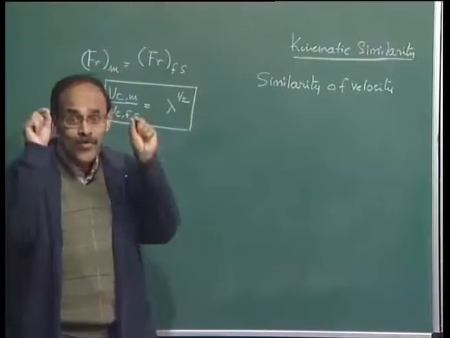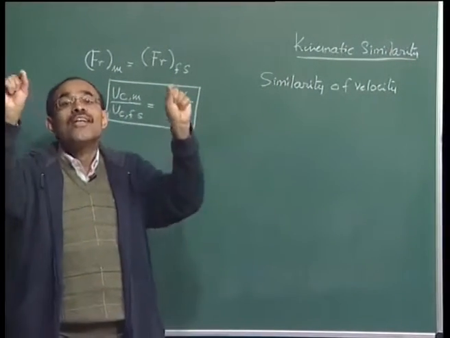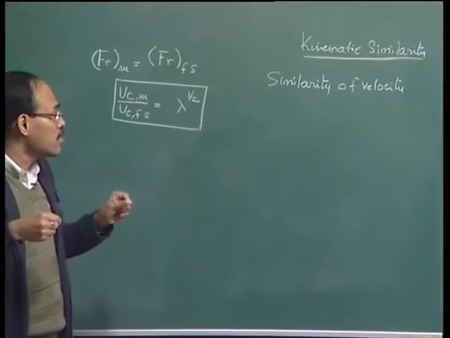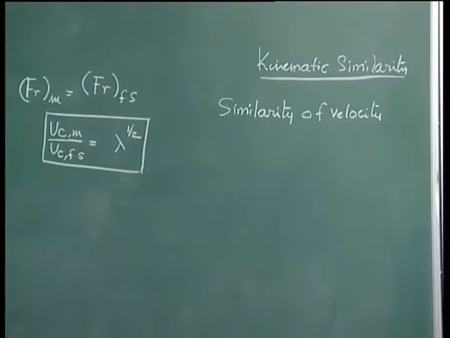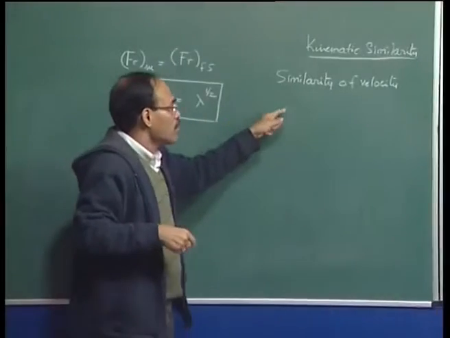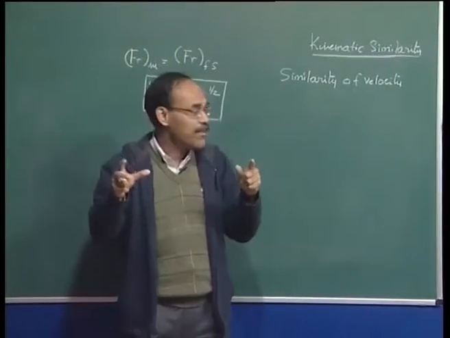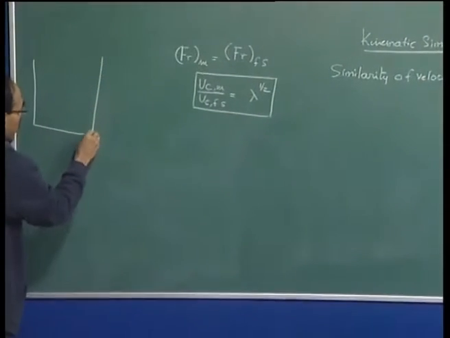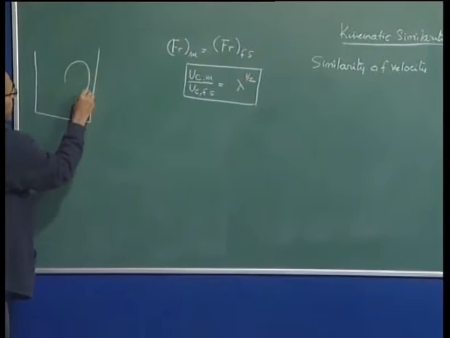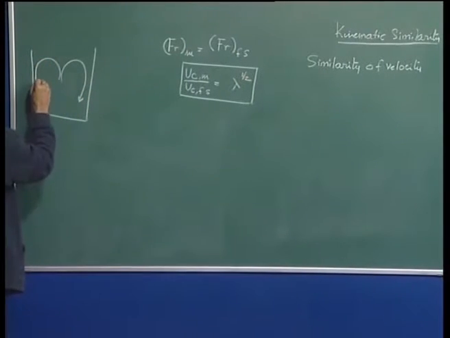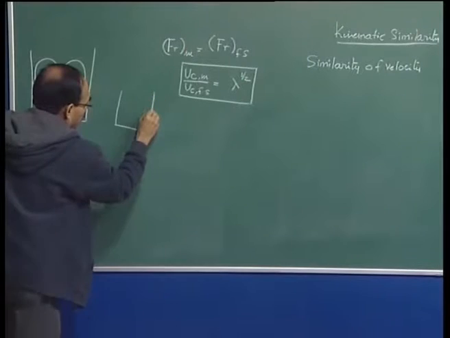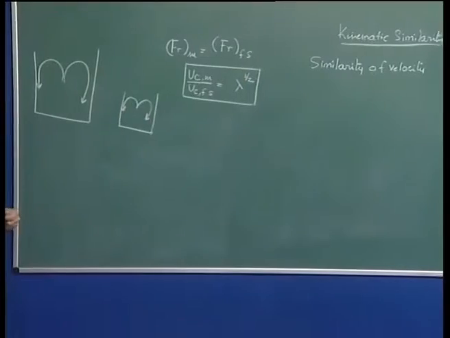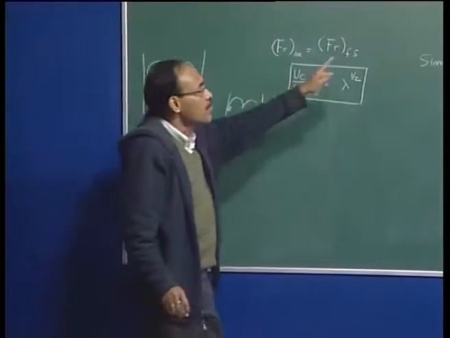It is defined like this: corresponding particles in model and full scale describe the same type of path or straight lines in corresponding intervals of time. So, if the systems are kinematically similar, then if this is my full scale ladle and the flow is going something like this, and if this is my model ladle, you will see in the model ladle also a similarity of flow pattern, which is an essential reflection of kinematic similarity.